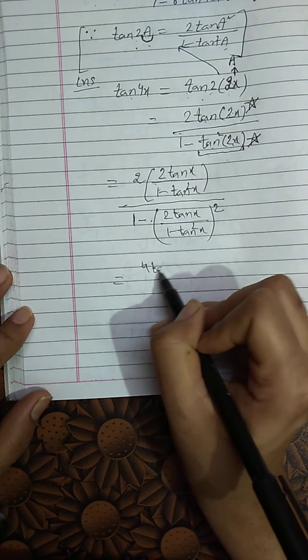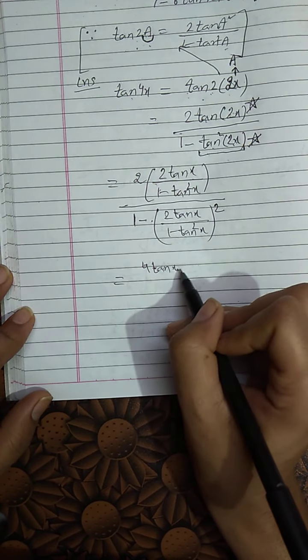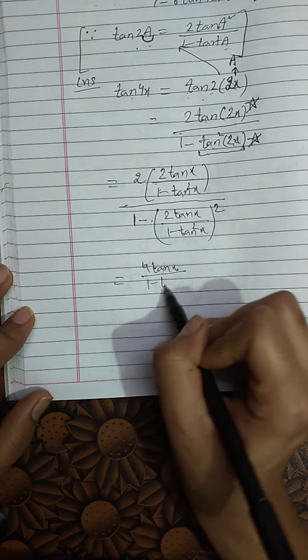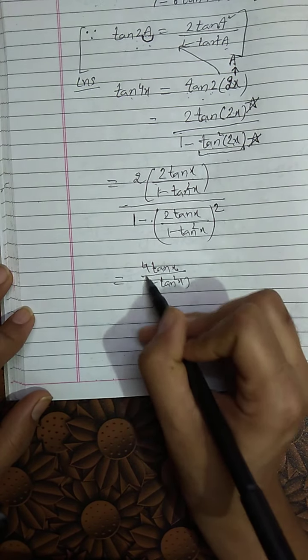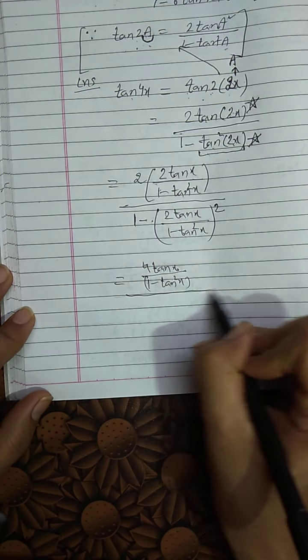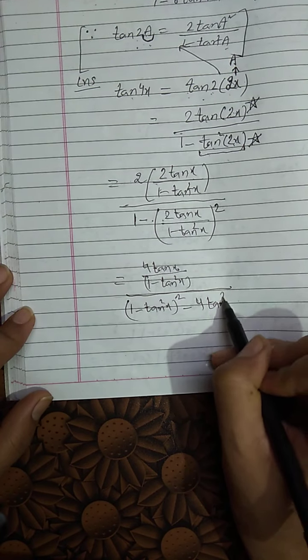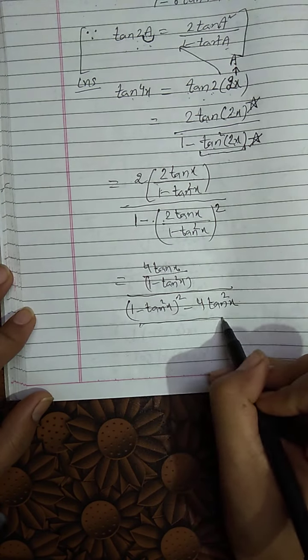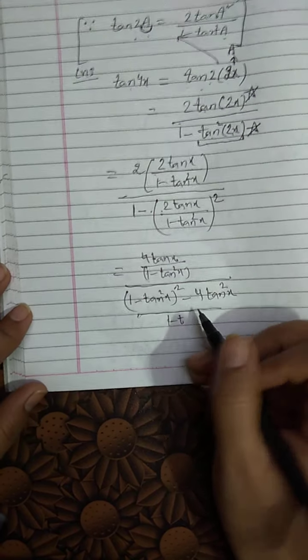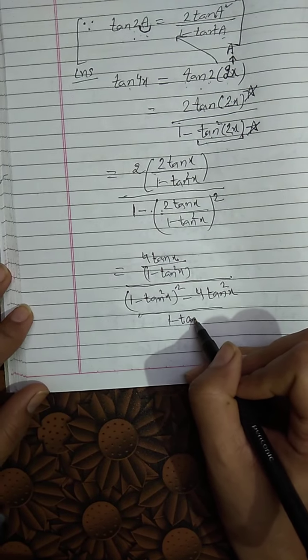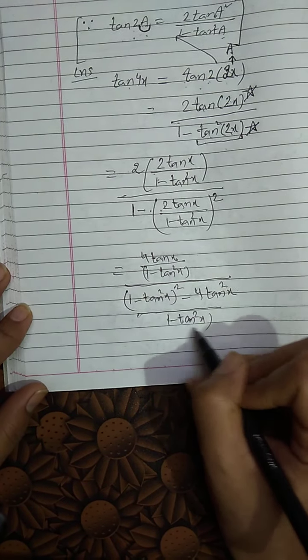It will be 4 tan x divided by 1 minus tan square x, whole divided by, here we are going to take LCM, (1 minus tan square x) whole square minus 2 tan x square, it will give you 4 tan square x, whole divided by (1 minus tan square x) whole square.